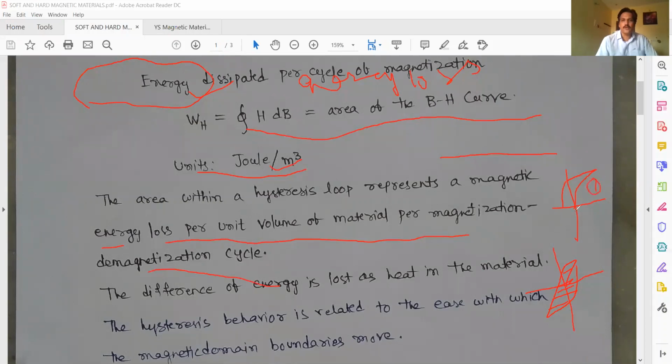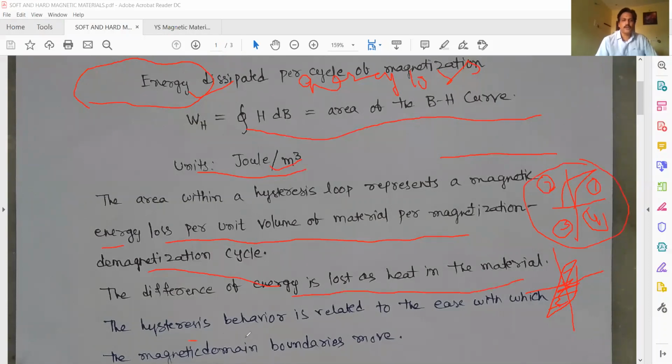Quadrant 1 and quadrant 3 are magnetization, quadrant 2 and quadrant 4 are demagnetization. So this is the cycle, and the area within this loop represents magnetic energy loss per unit volume of material per magnetization and demagnetization. The difference of the energy is lost as heat in the material.